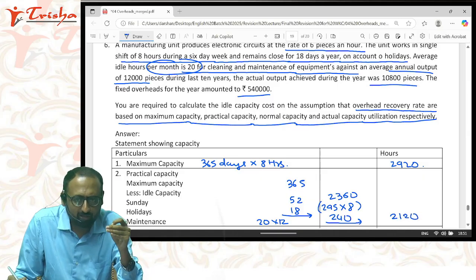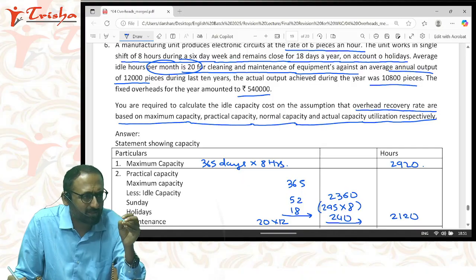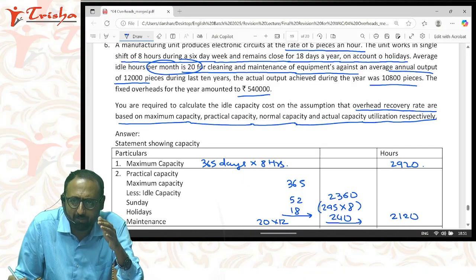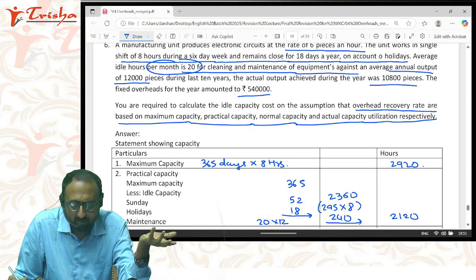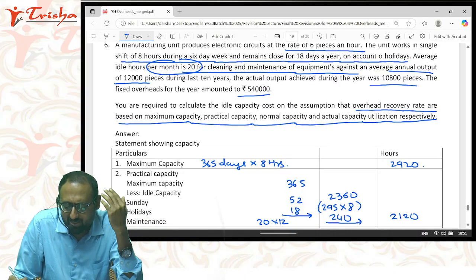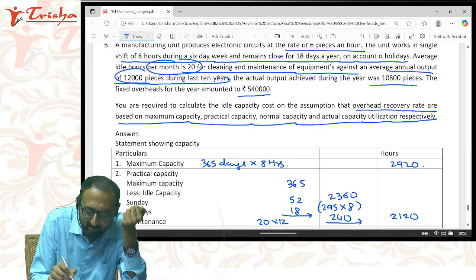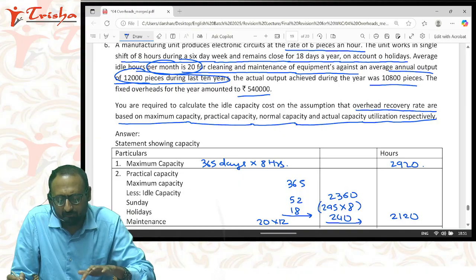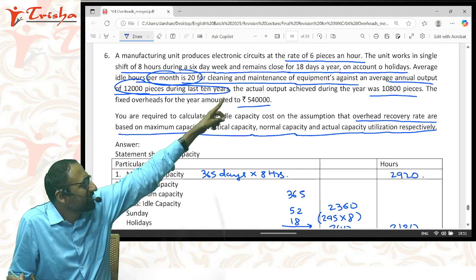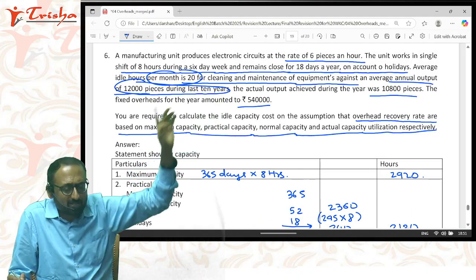Check the question and quickly tell me what will be your normal capacity. Normal capacity is nothing but average capacity of last few years. It is given in the question. Last 10 years, how many pieces you are going to produce? Is it 12,000 pieces? In 1 hour, how many pieces produce? 6 pieces.